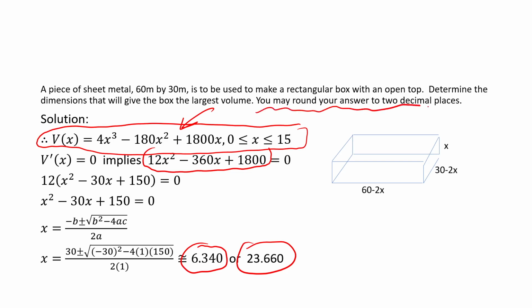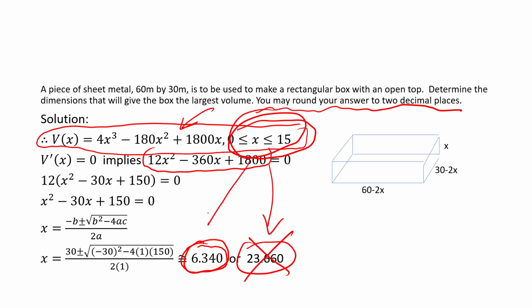Luckily, this question tells us we can round to 2 decimal places. Let's round to 3 decimal places before we get to the end of the solution. We see that x had to be a number between 0 and 15, so this value of 23.660 is going to be thrown away, but we will keep the value of 6.340.